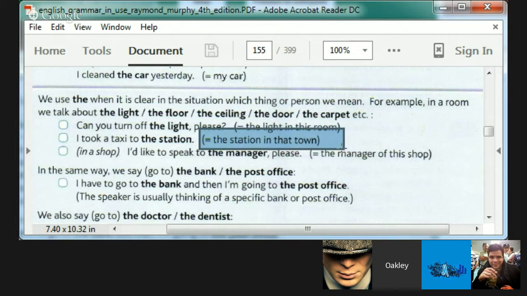Okay, we will use the, as if it is defined. That can be confusing because obviously if you live in a big city, like Moscow, there's literally hundreds of possible stations. A big city will have hundreds of banks or post offices. We'll look at that next.